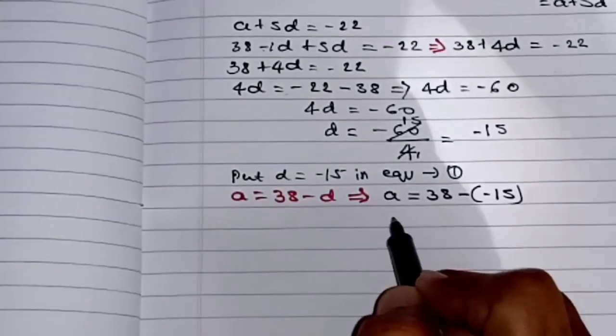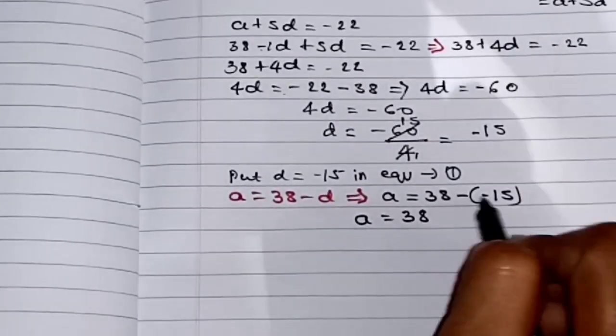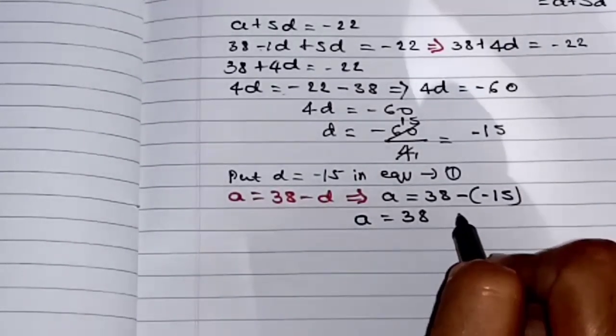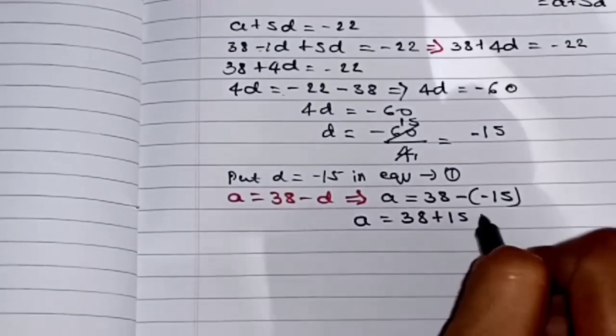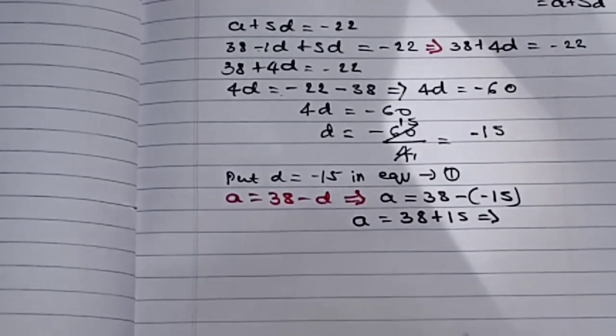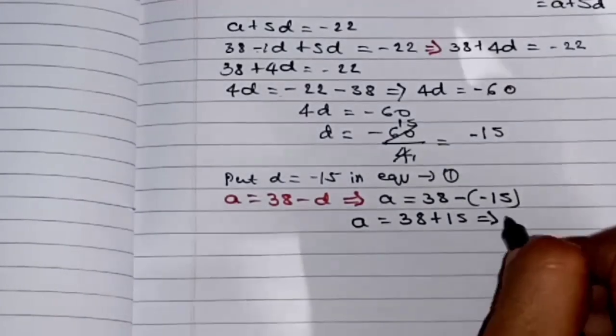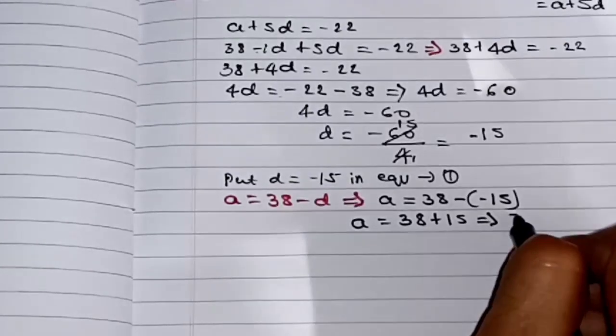Okay, so this implies a is equal to 38, minus into minus will be plus, so therefore plus 15. That implies the a value will be, just add both. So 38 plus 15 will be 53.